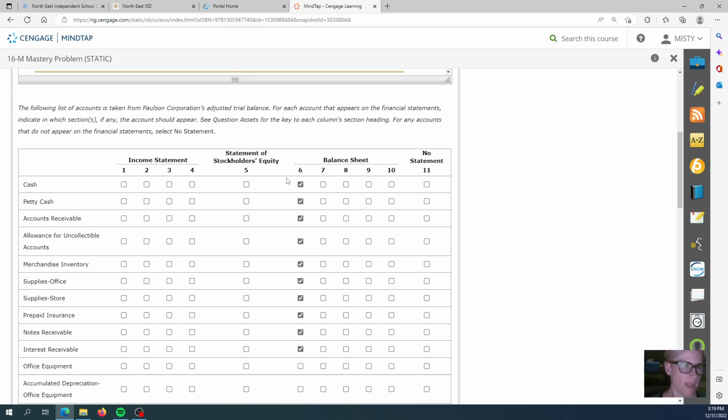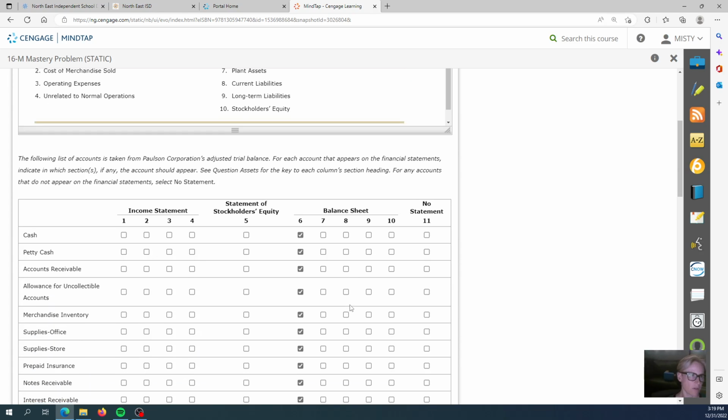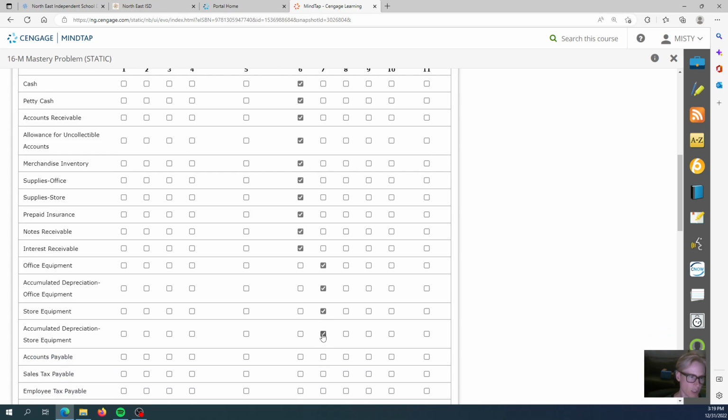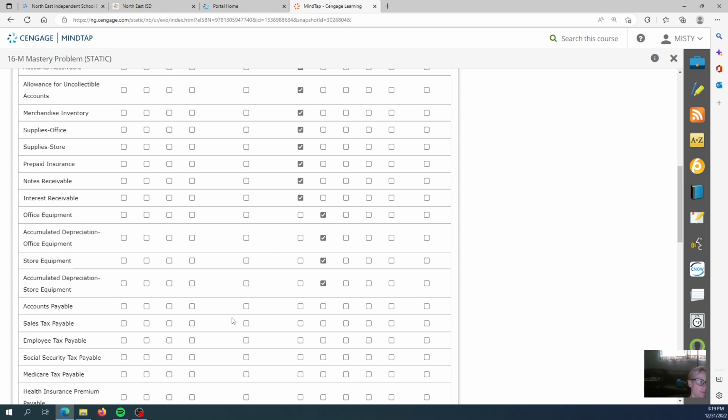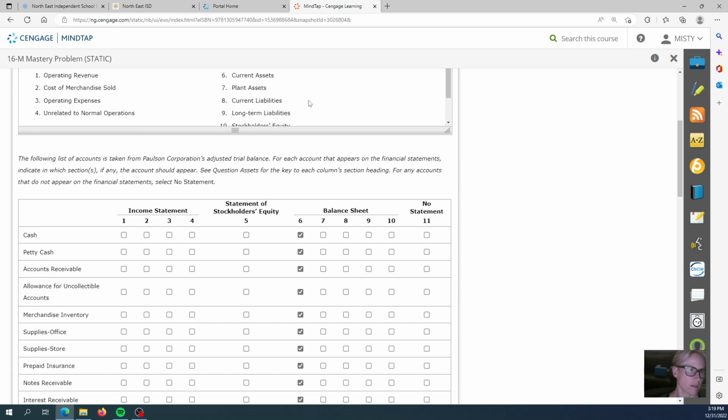Then we have our plant assets. So those are more long-term assets. We have our office equipment, the depreciation, store equipment, depreciation, and we have our liabilities.